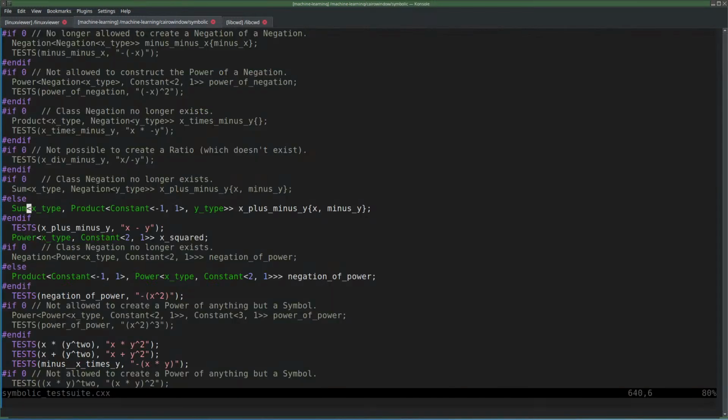The sum is now suffering from the same thing, that it does not have arguments anymore. I can just delete this, right? Because we work with types, and the type of x is already given here. Well, minus y is just simply that part. So we're passing the whole thing already as template arguments, yeah.